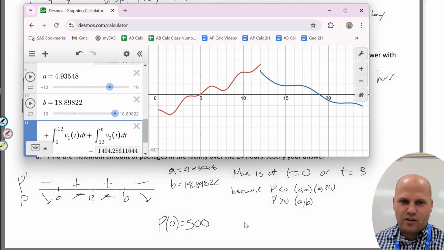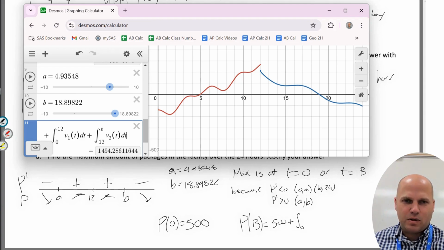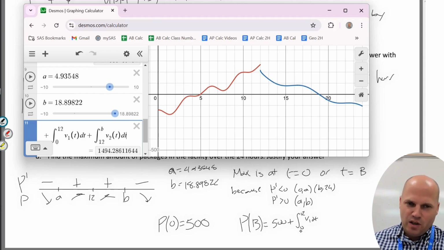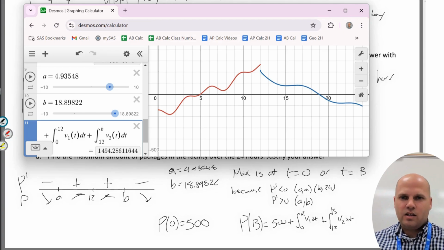P of 0 is 500, P of B is 500 plus I accumulated V1. I really accumulated V from 0 to B, but whatever. If you want to say I did V1 from 0 to 12 and V2 from 12 to B, great.